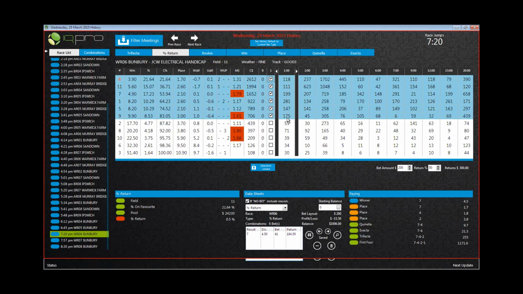So it sort of goes back to that selectivity and that critical analysis that we're always talking about. We only want to trade in races that we feel are worthy of our investment. And if for any reason there is an element of doubt, then the correct choice is not to pursue that race.